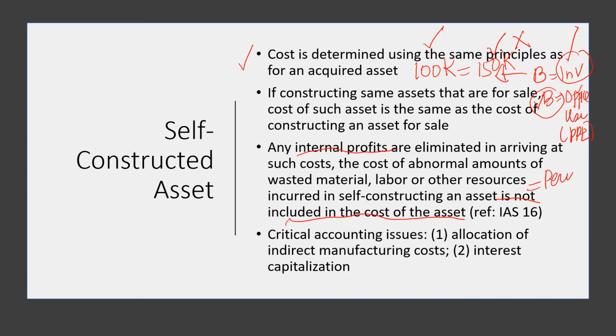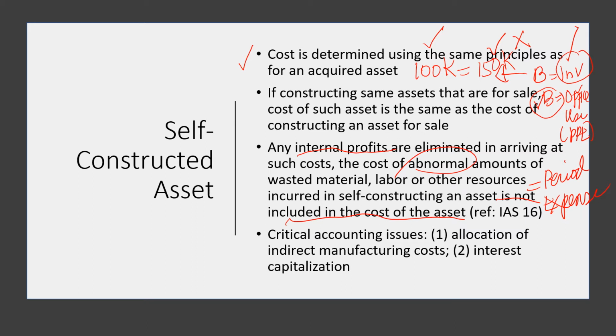So, ibig sabihin, hindi siya nagiging part ng cost ng inventory. Kasi abnormal nga eh. So, period cost yan, ibig sabihin, expense, or part ng operating expenses. So, same lang sa cost accounting tsaka sa financial accounting. So, what are the critical issues related dun sa self-constructed asset?